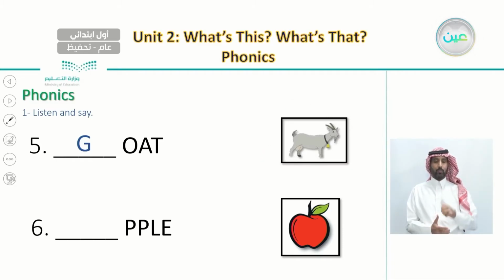Number 6, A say apple. So here we have letter A. We pronounce it as apple. Apple. This is an apple.